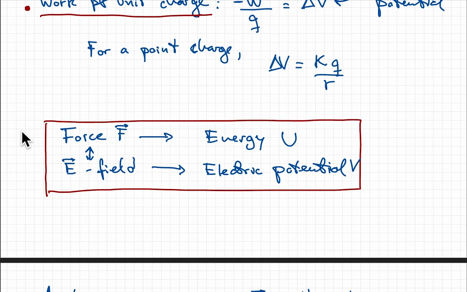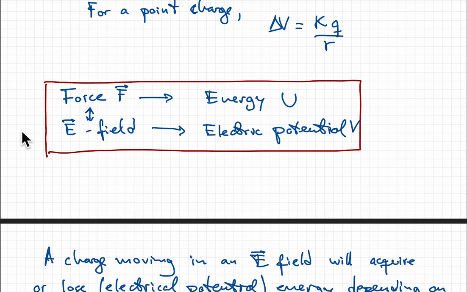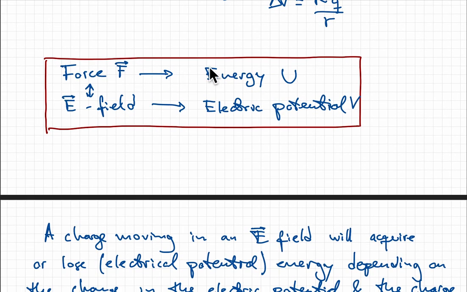Something that's going to come up during this lecture and in future lectures is this rectangle here with four different quantities that are all connected to each other. To a given force, in particular an electric force, there's an energy associated with it. We're going to be calling it U. This is the potential energy. And in the case of electrical forces, the force is related to a particular electrical field, and associated with that field is an electric potential.